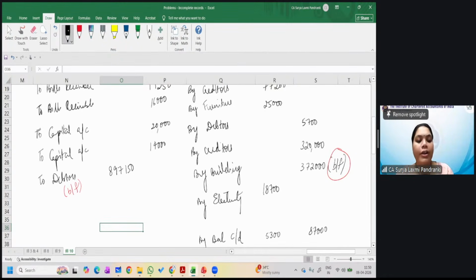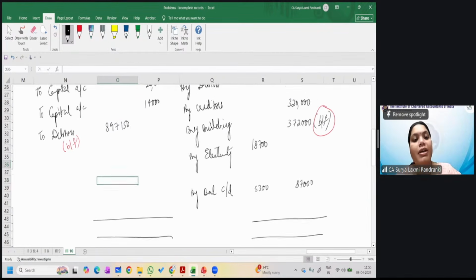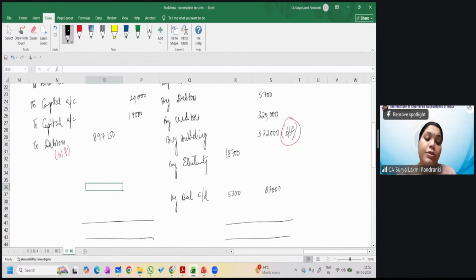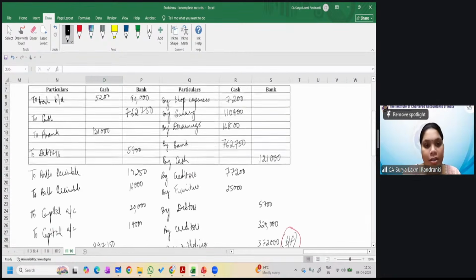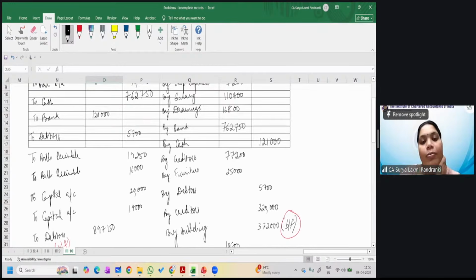We directly wrote debtors as the balancing figure, but what must have been this transaction? This transaction must have been cash sales, we can say, right? Because this is coming to your cash account. So this is the cash that is received from your customers, because there is no receipt from the customer.